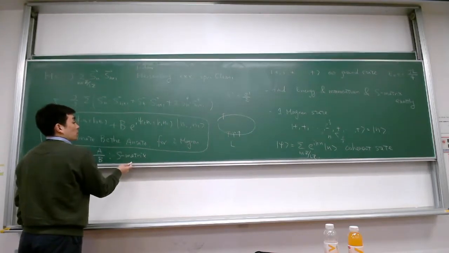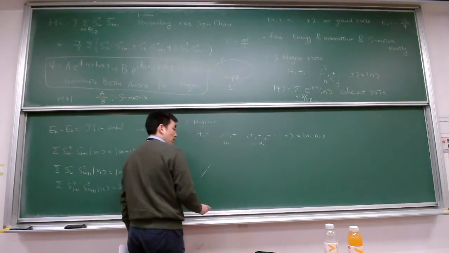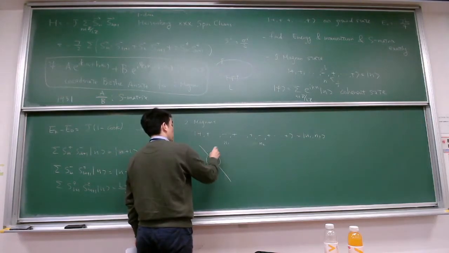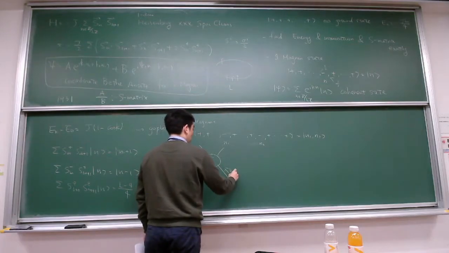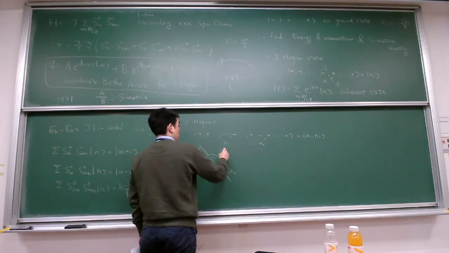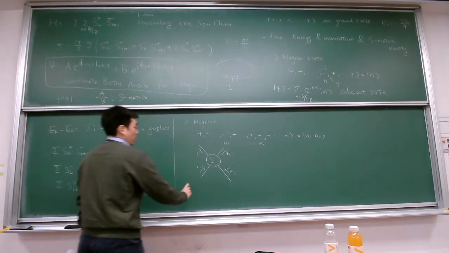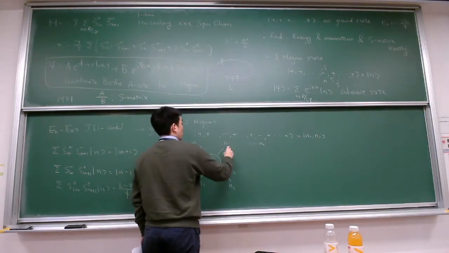In other words, you have one magnon and another magnon, with momenta k1 and k2, and the S matrix. You have positions n1, n2, and n1 and n2.